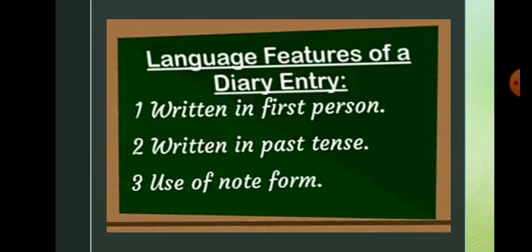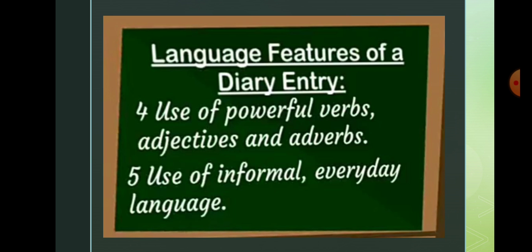Use of note form. You have to take notes, so you need not elaborate everything, because there are only two paragraphs, so you just write it in note form. Use of powerful verbs, adjectives and adverbs; your feelings should be expressed in a powerful way.